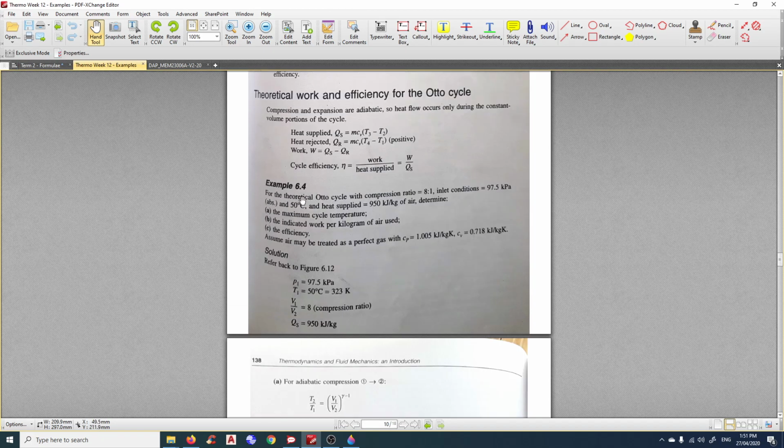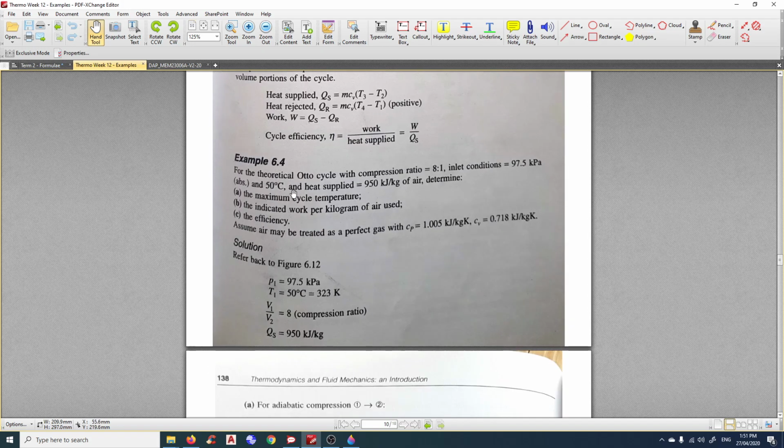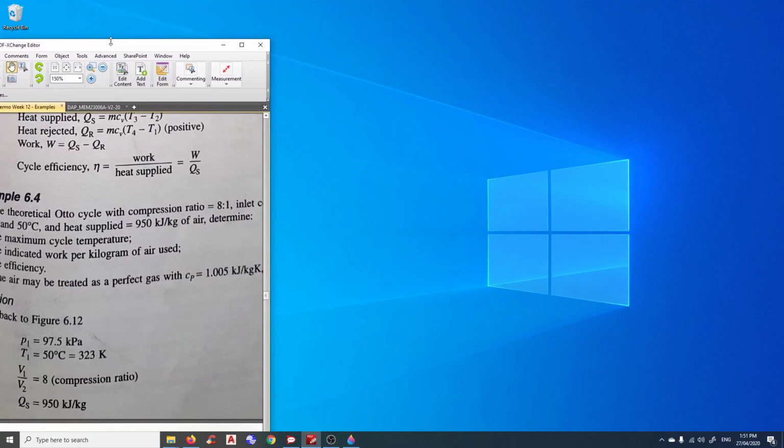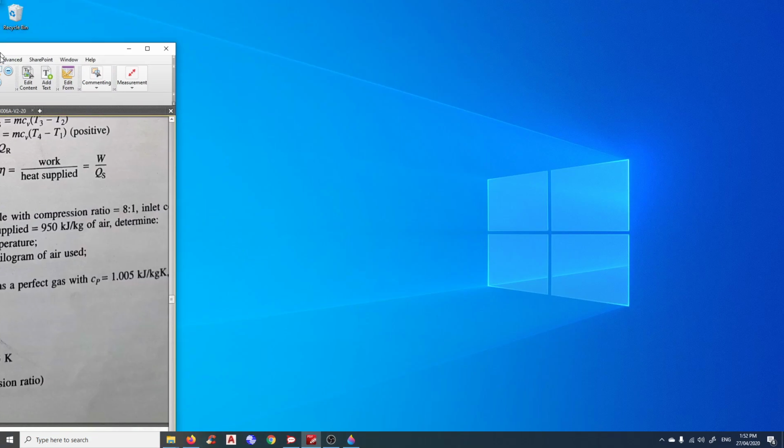Now let's consider an example. Example 6.4, if you have your book with you; otherwise just follow along on this online whiteboard. I'm just going to pull up my whiteboard.